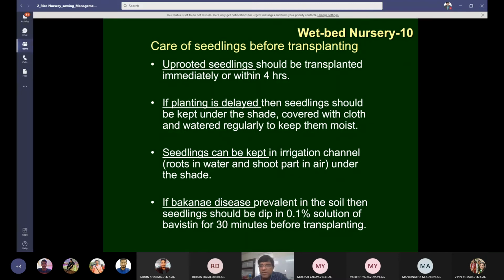If planting is delayed, then seedlings should be kept under shade. If required, they should be kept in the shade, covered with cloth and watered regularly to keep them moist. Seedlings can also be kept in an irrigation channel. This is another option which is common in farmers' fields.